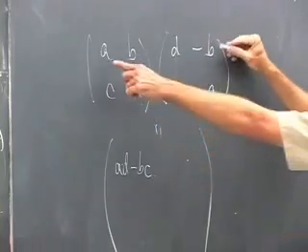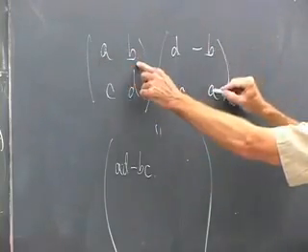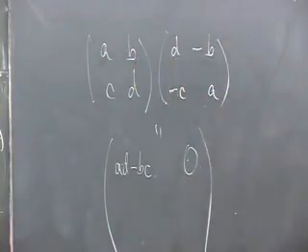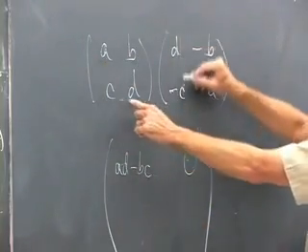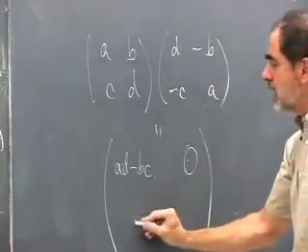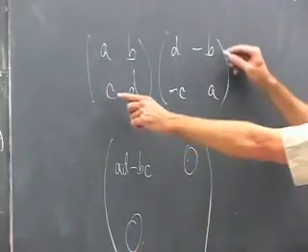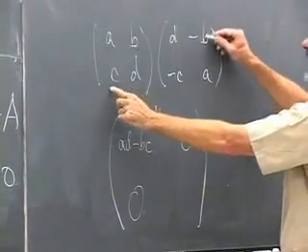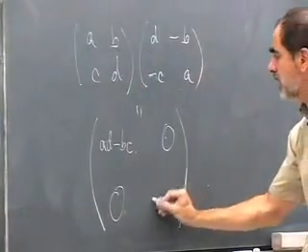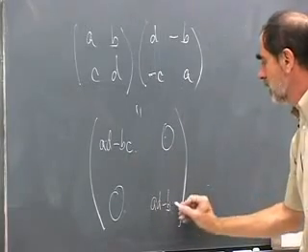The entry here, minus AB plus AB, so the entry here is 0. The entry here, I go across this row and down this column, CD minus CD, 0. And the entry here, I go across this row, and here I get minus BC plus AD. Same thing, AD minus BC.